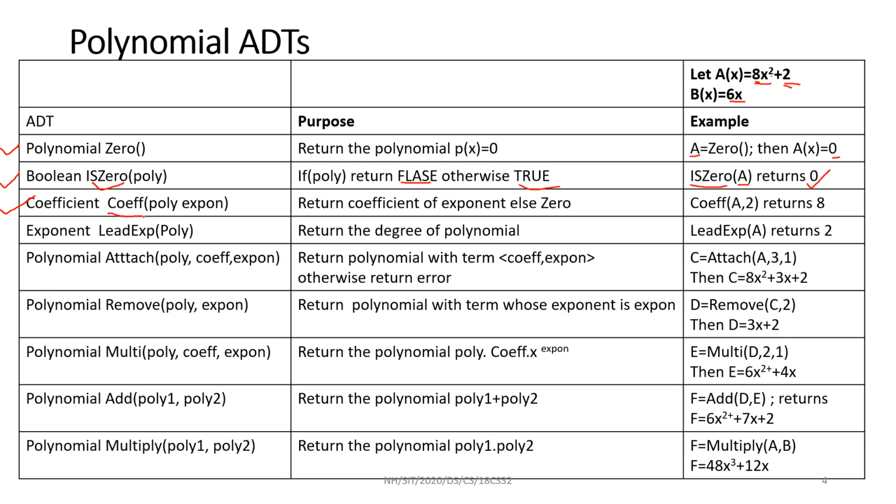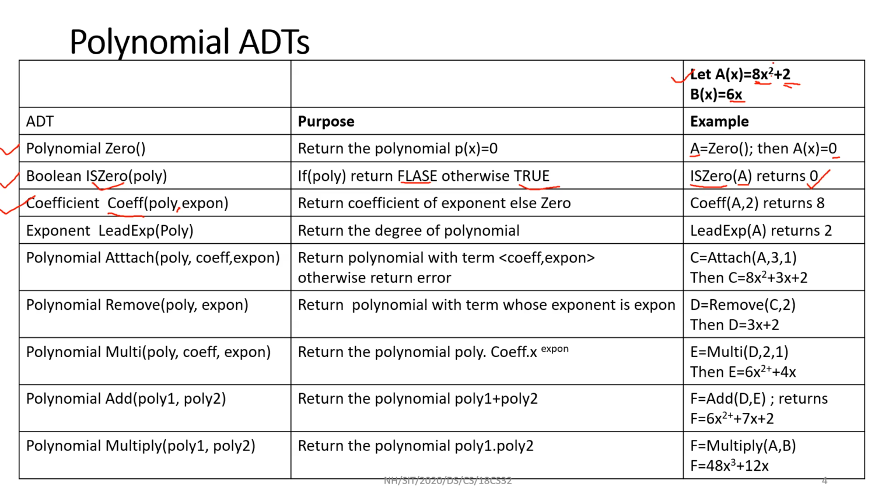It is a general ADT function, COEF, which returns a coefficient. For that you have to supply the polynomial and the exponent. COEF is the function name. I'm passing A, that is A of x, and exponent 2 is passed.